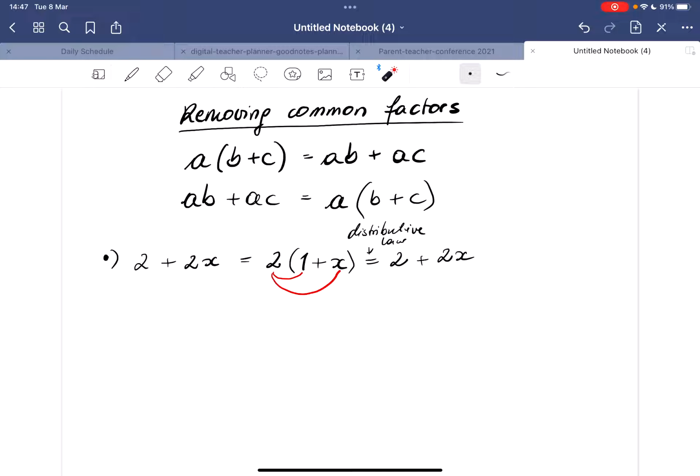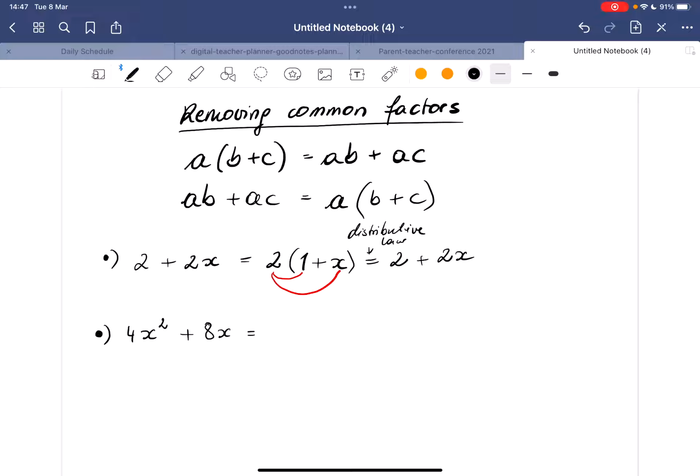So let's have a look at a few examples that are a bit more difficult. So let's, for example, look at 4x squared. Let's say we have 4x squared plus 8x.